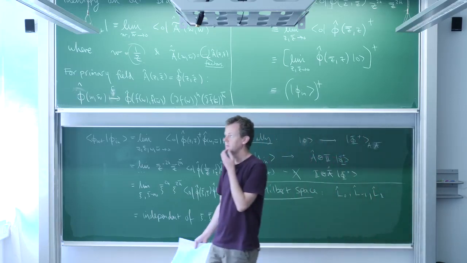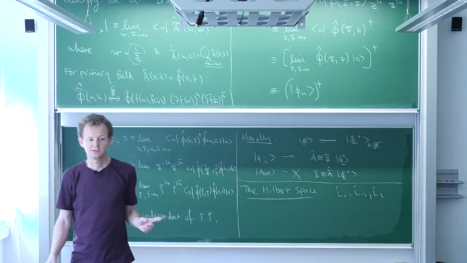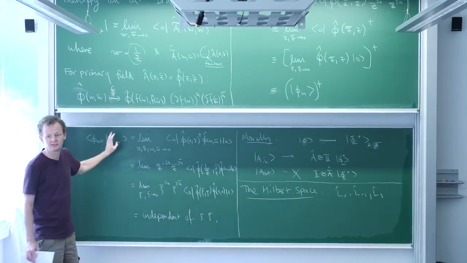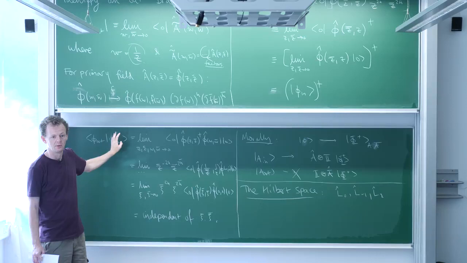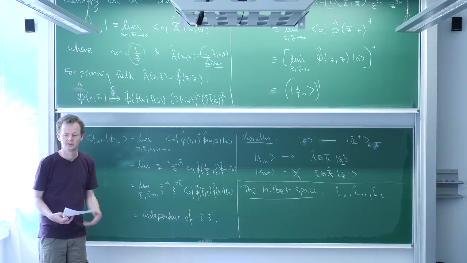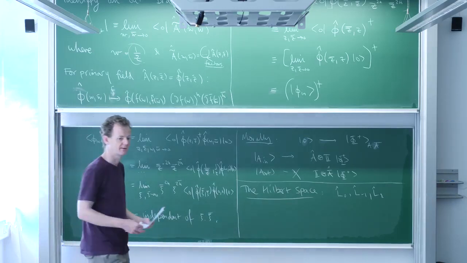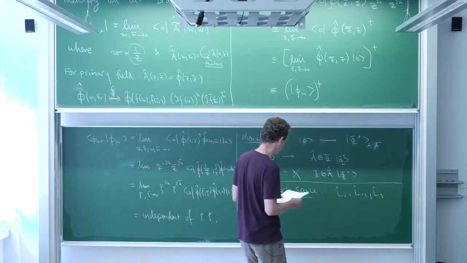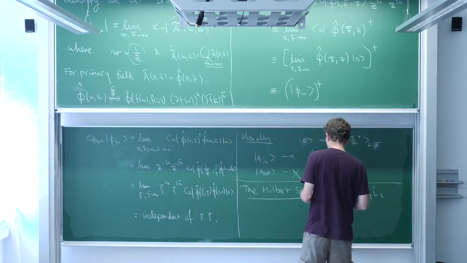In fact, we're going to build our Hilbert space by acting on one of these in or out states with the moments of the energy momentum tensor, otherwise known as the Virasoro algebra. So we have a whole bunch of things that we know how they should act already at our disposal.